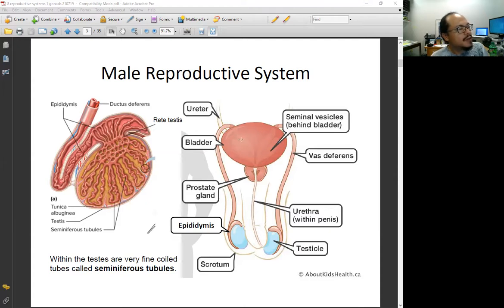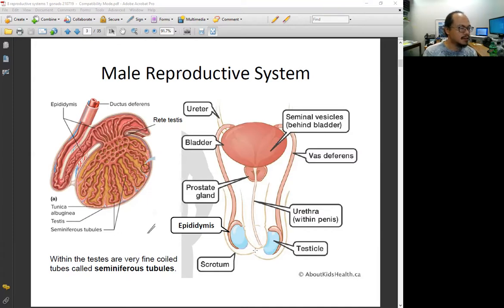It will mix with the seminal vesicles. These are the glands to produce the fluid mixed with the sperm, and then it will go through the prostate gland, enter into the urethra, and then during intercourse, it will eject the sperm into the female's vagina.